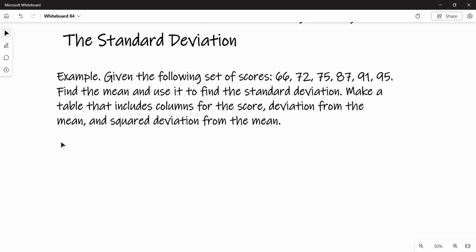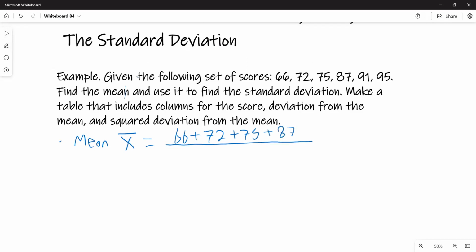First we need to find the mean. In order to find the standard deviation, we need to know what the mean is. So the mean, let's write this as X bar, is the sum of the scores over the total number of values. We have 6 values. The sum of the scores is 486, divided by 6 is going to be 81.